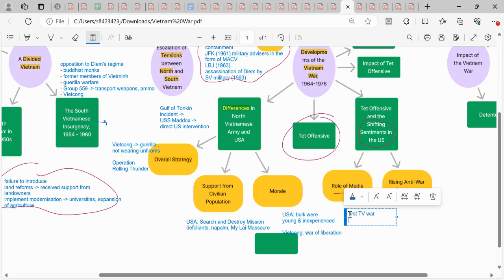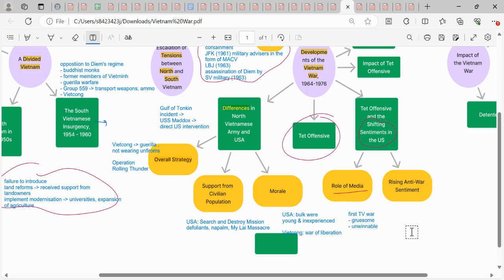It was a gruesome war, an unwinnable war, and people started to question why they were there in the first place.